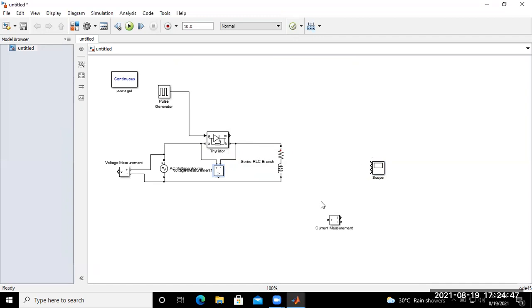And another voltmeter, you want to connect to this output. Okay, so just connect from here to this.